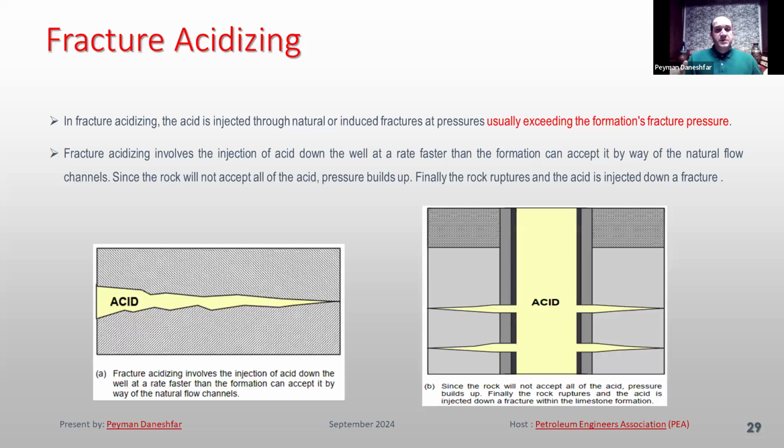If you see the picture, fracture acidizing involves acid injection, but since the rock will not accept all the acid, pressure builds up. We will see the graph. Pressure builds up, and finally the rock ruptures and the acid is injected down a fracture within the limestone formation, or in dolomite formations, which is not different.